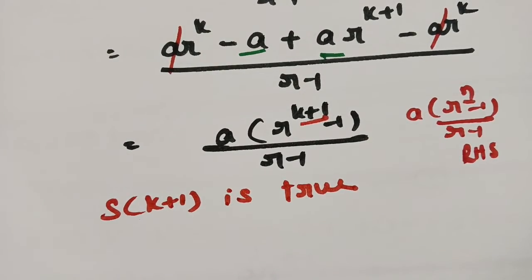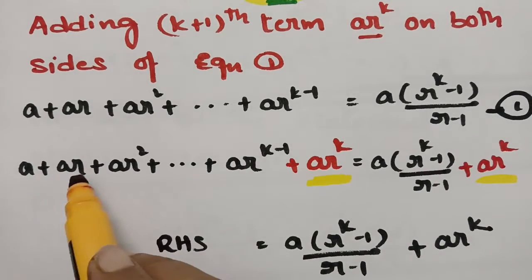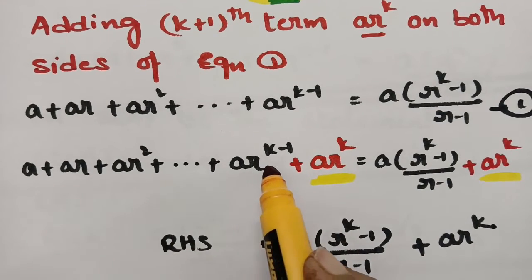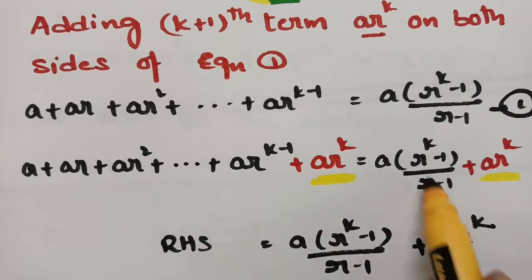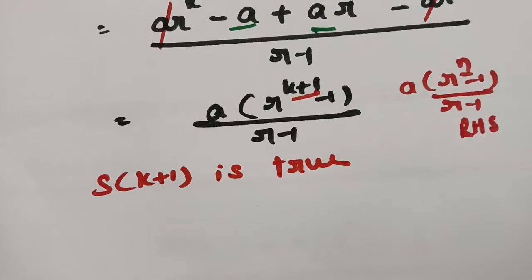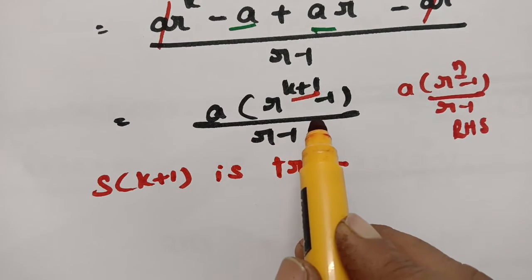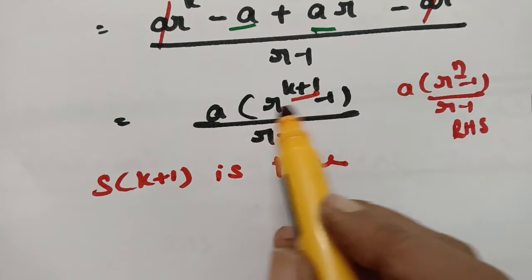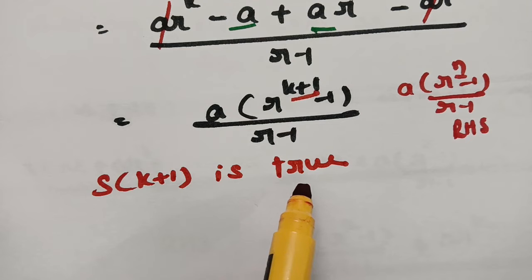So here, if you see till here, this is the k plus 1th term: A r square plus and so on, A r to the k minus 1, A r to the k plus 1. After solving this part, step by step, we got an answer which is substituted as n is equal to k plus 1. Therefore, S of k plus 1 is true.